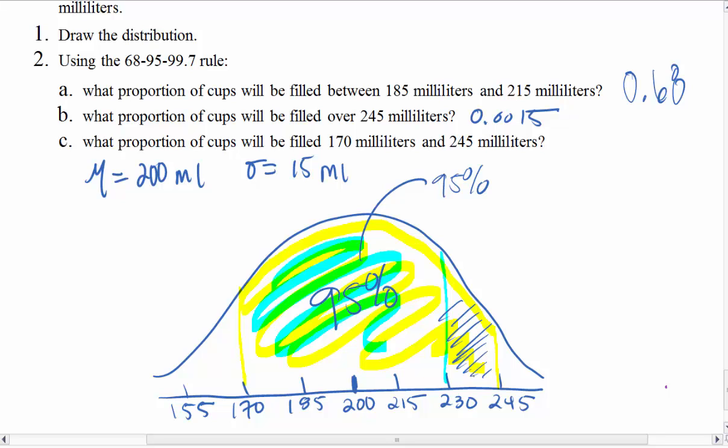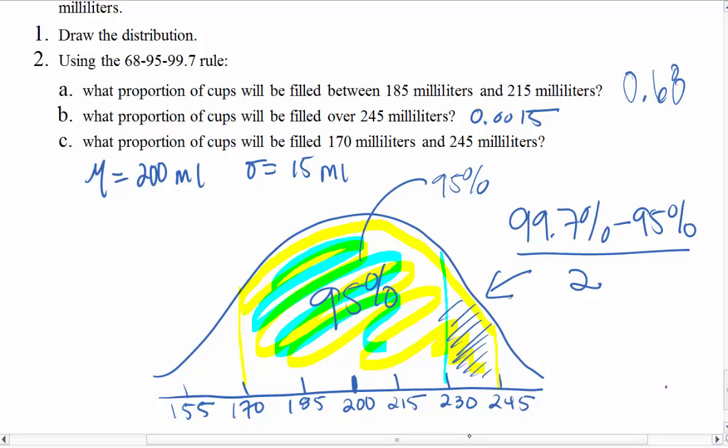We can find this pretty easily. Given we know that 3 standard deviations away from our mean is 99.7, we can subtract off the 95% that we don't want, divide it by 2, and find the area that's between 230 and 245. Because between 3 standard deviations will give us 155 to 245, but we don't want this area.